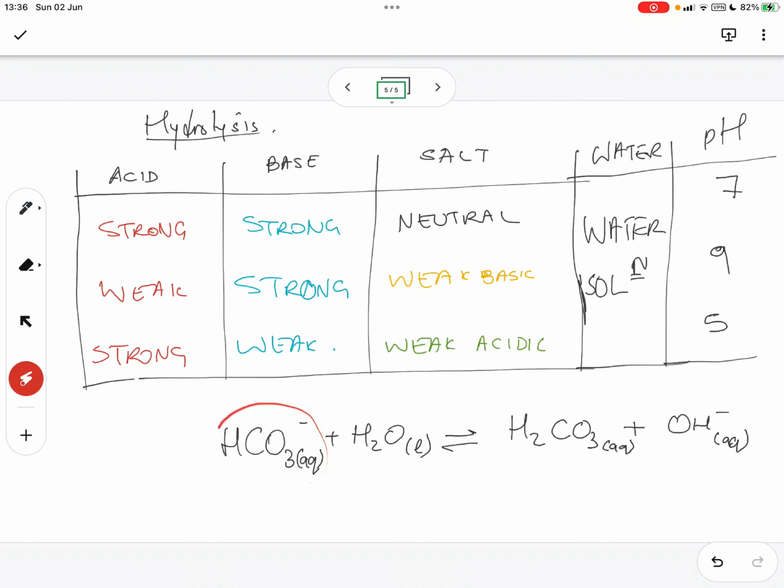Okay, but the long and short of it, the bicarbonate ion acts as the conjugate base, and the H2O will act as an acid, or rather acts as a conjugate acid, whereas the bicarbonate ion acts as a base. This one will act as a conjugate acid.